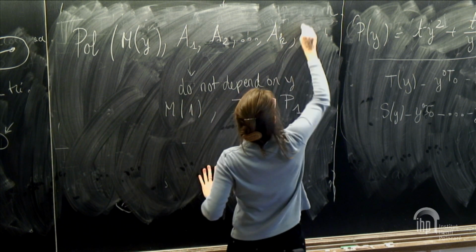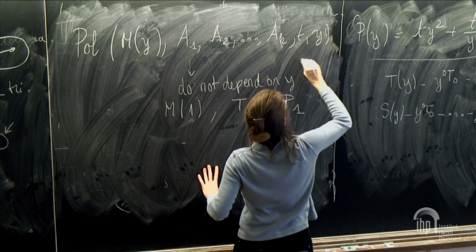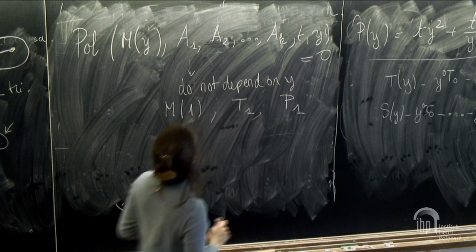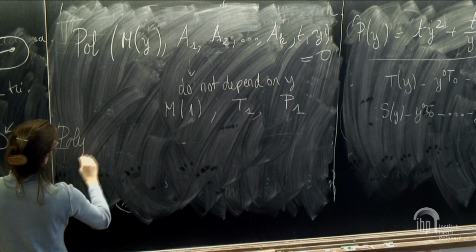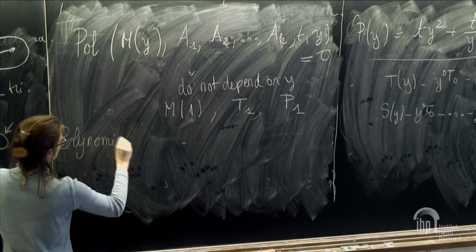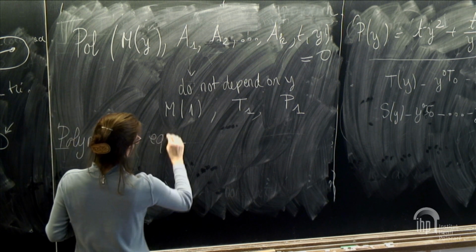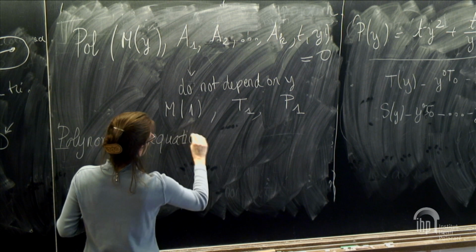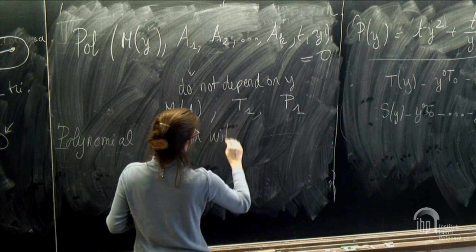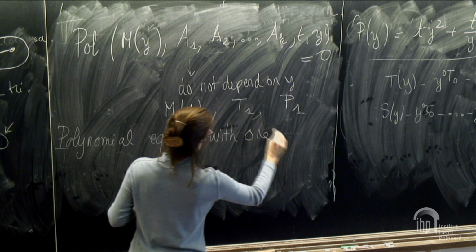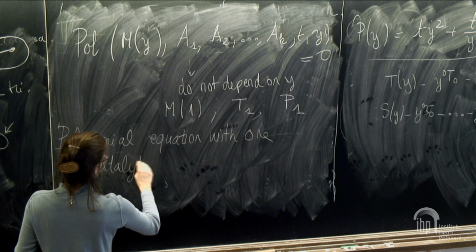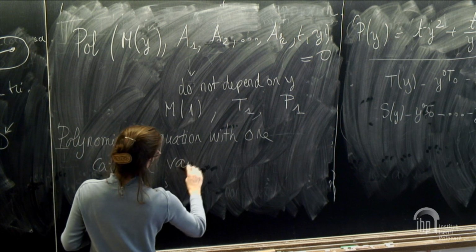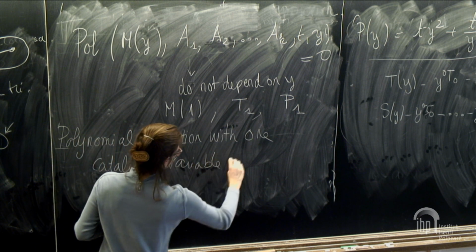And then you have T and Y, and this is 0. And so this is what I call a polynomial equation with one catalytic variable, which is this y.